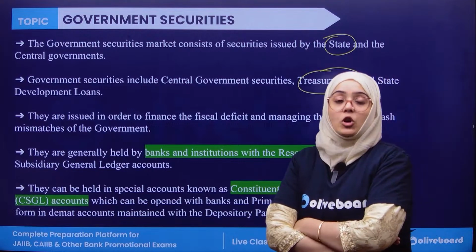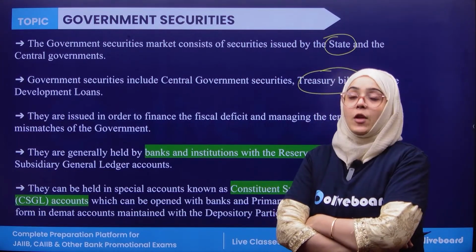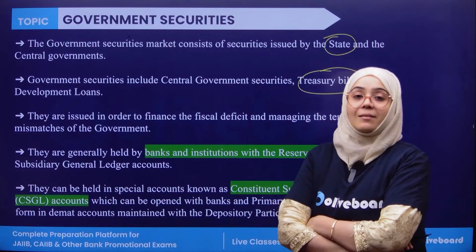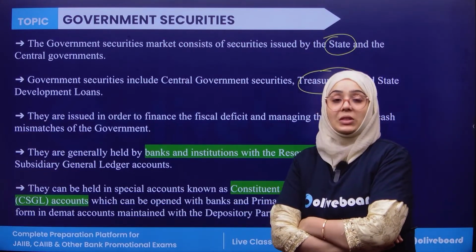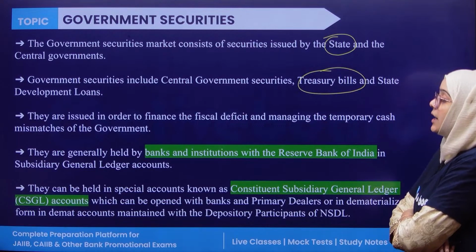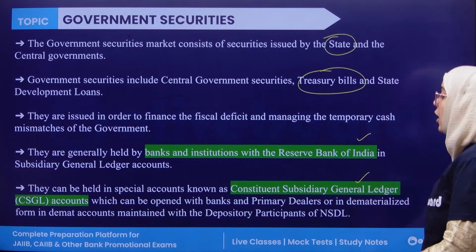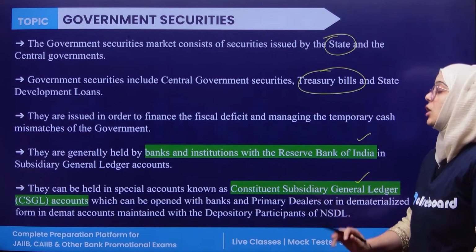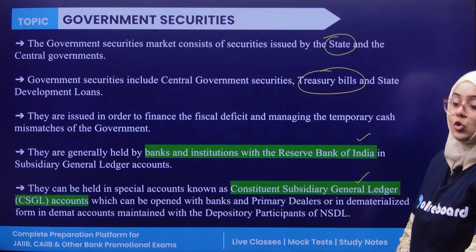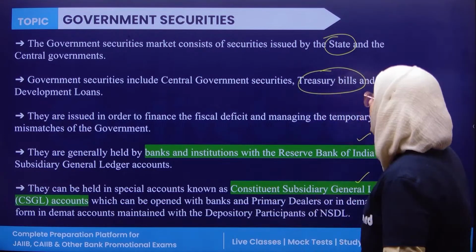If the government wants to finance the fiscal deficit, or cover the mismatches between their revenues and expenditure, they can raise money through these government securities. They are generally held by banks and institutions with the RBI, in a special account known as the constituent subsidiary general ledger account, which is specially created for holding these government securities.